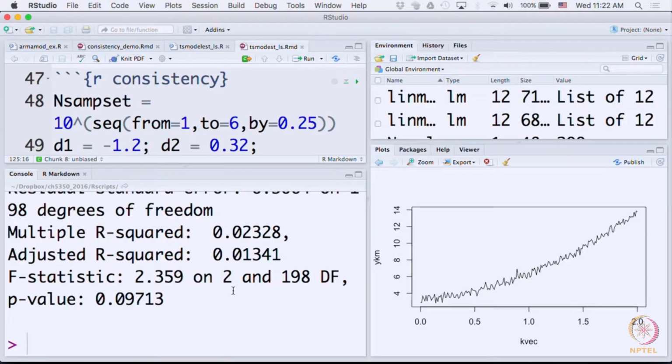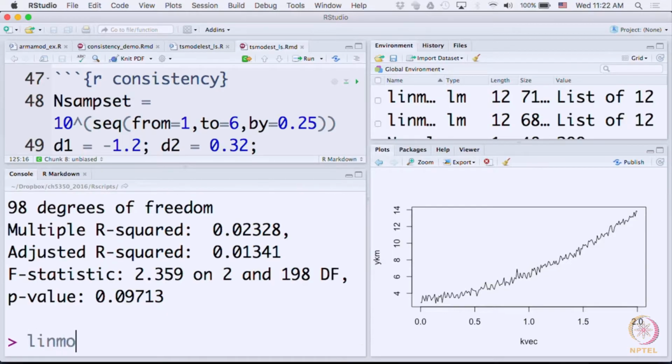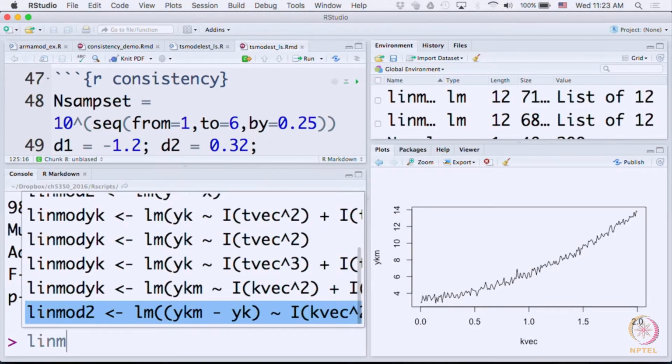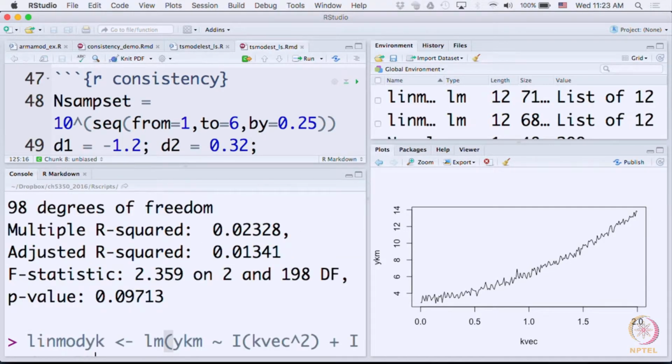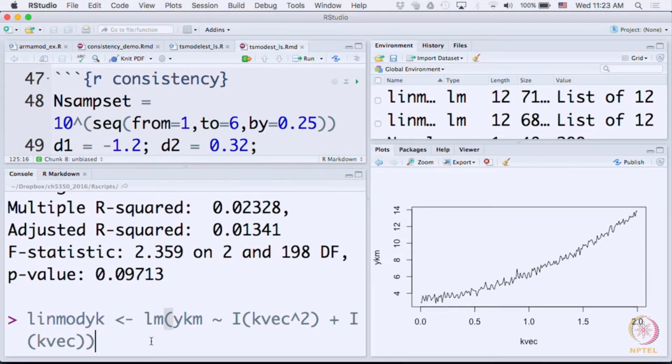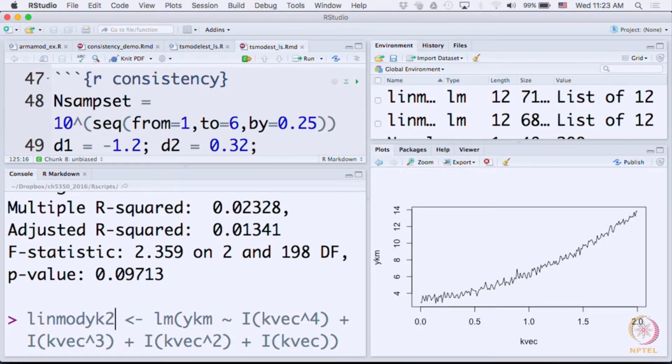For this purpose, let us go back to our original model and now include the power of 4 terms as well. Let us call this the 4th order.